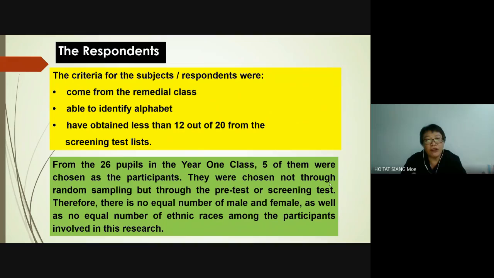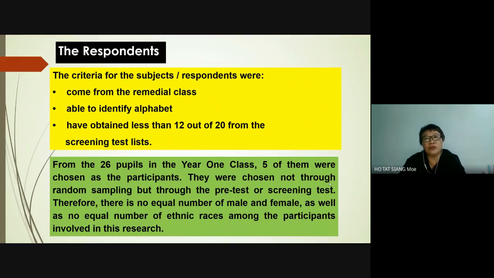And then they have obtained less than 12 out of 20 from the screening test. I will give them a screening test, and then they must obtain less than 12. Only then will I choose them as my respondents. So from the 26 pupils in the Year 1 class, 5 of them were chosen as the participants.